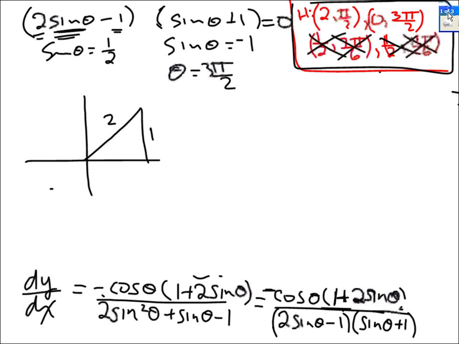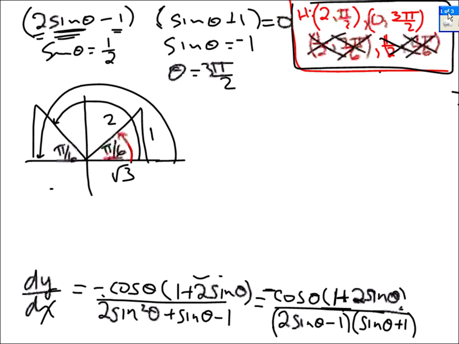1 over 2, that's square root of 3. This angle is pi over 6. In quadrant number 2, that angle is also pi over 6. But in quadrant 2, I want to know what that angle is. I wanted to know what this angle is in red in quadrant 1. My answer happens to be right there. It's pi over 6. In the other case, we go beyond what we want.